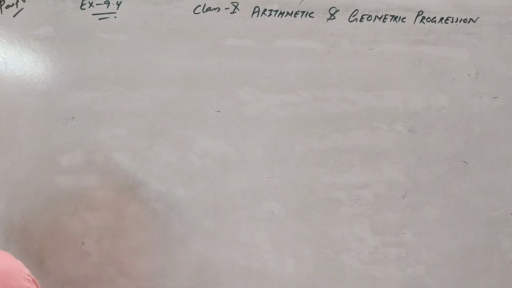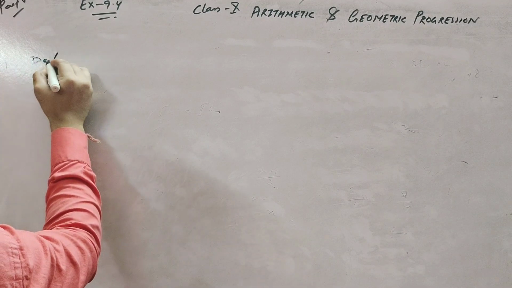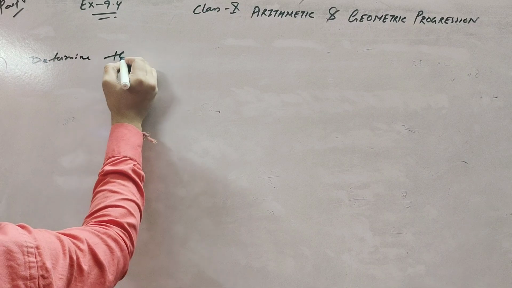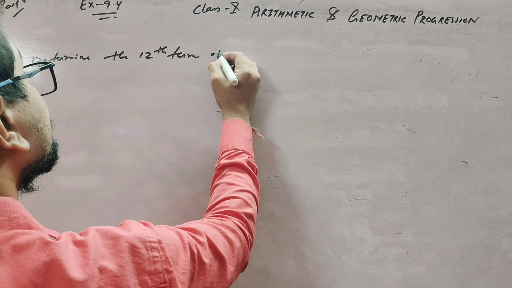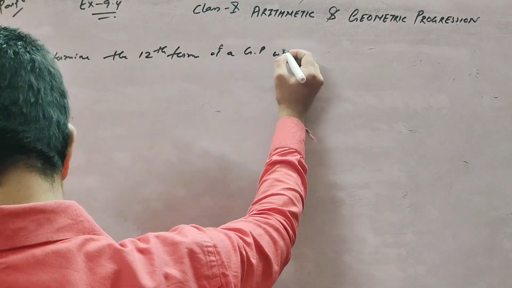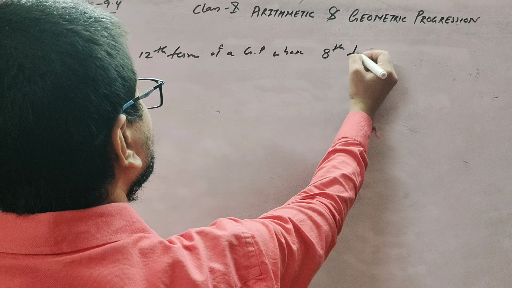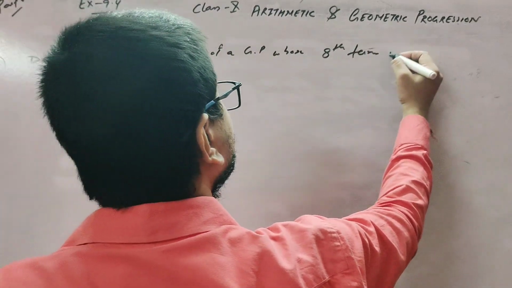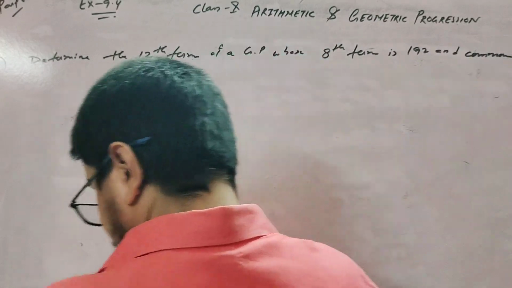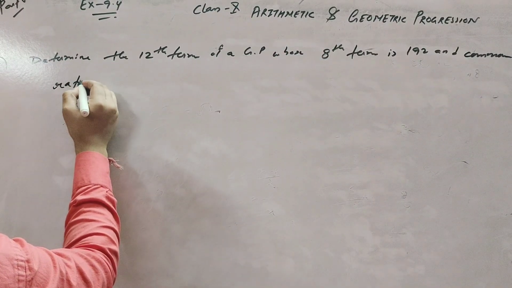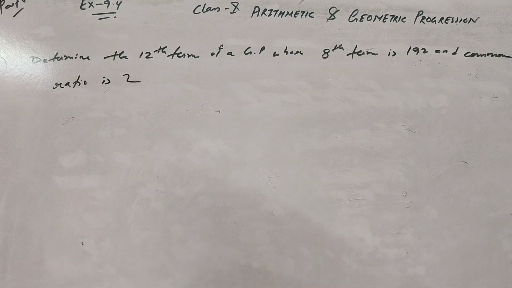Question number 5. Determine the 12th term of a GP, that means find out the 12th term of a GP whose 8th term is given and the common ratio, that is r, is given.